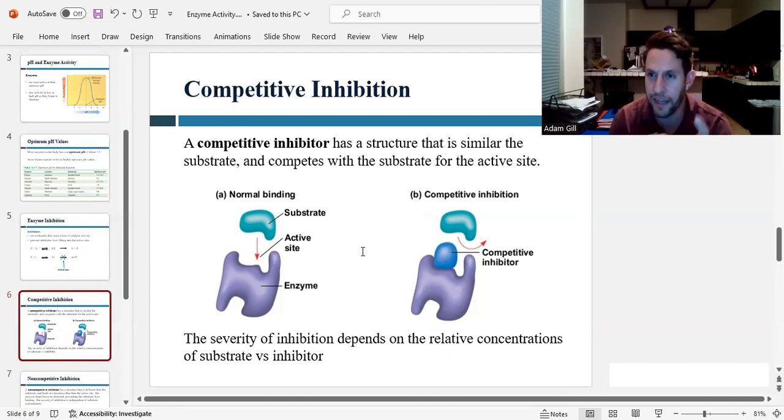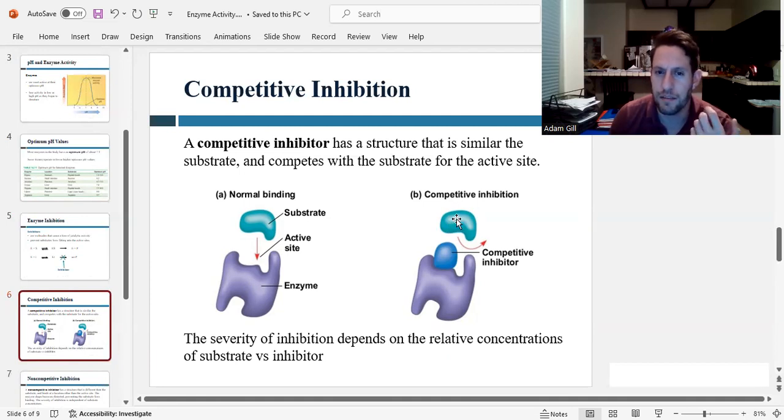Because they bind at the active site, they are in competition with the substrate to see who's going to get in the active site first. It's kind of like musical chairs, right? You're both trying to sit on the same chair, so you're competing with one another. Normally the substrate binds in the active site and everybody's happy. But if the competitive inhibitor gets in the active site first, then the substrate can't get in there and you don't make any product.